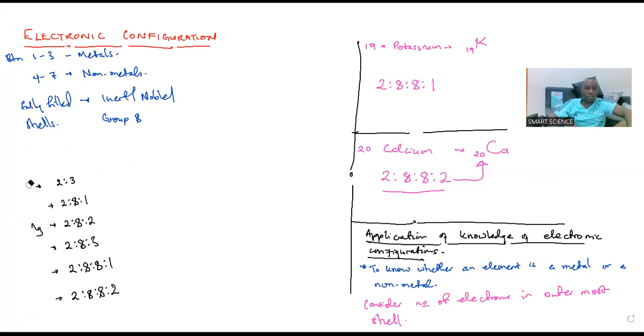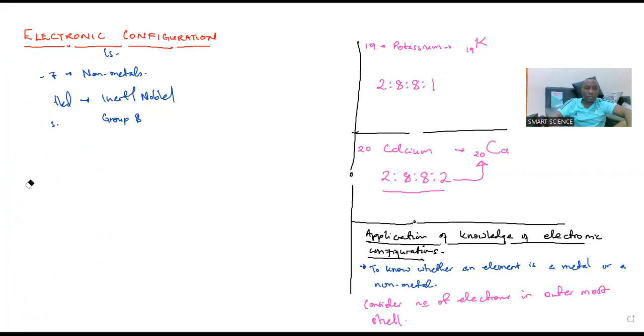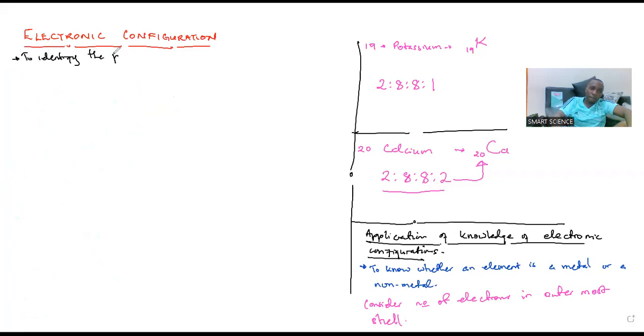Number 2, the knowledge of electronic configurations allows us to understand the period to which an element belongs. So point number 2, to identify the period in the periodic table to which an element belongs.